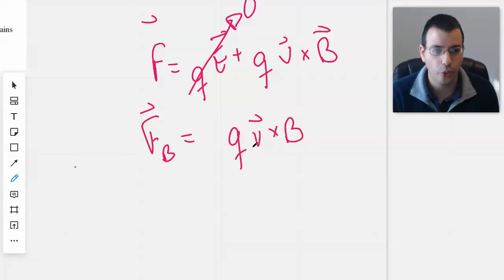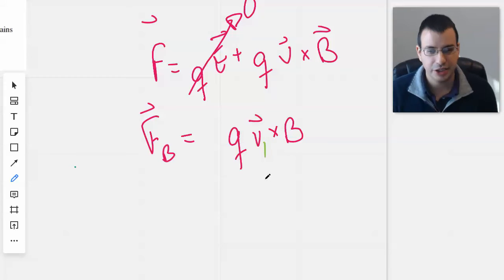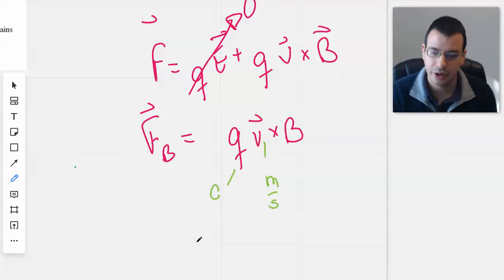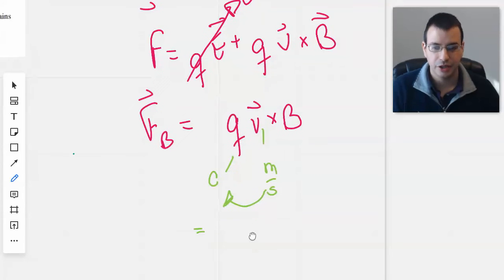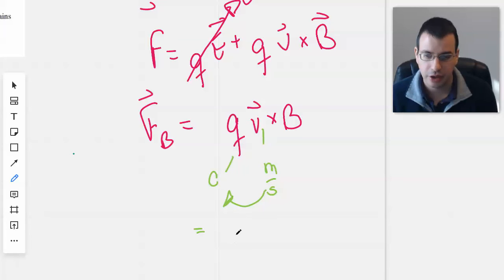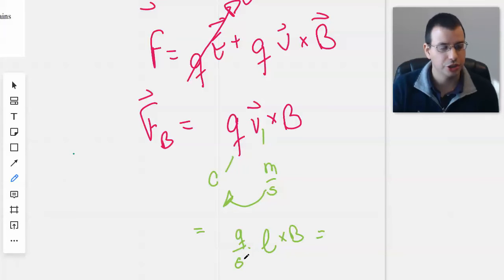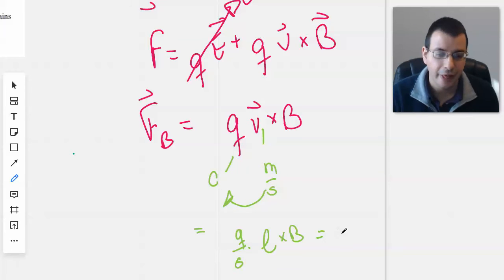So one mnemonic to know this is velocity is measured in meters per second, while Q is measured in coulombs. And so if you take this 1 over seconds and move it over to the coulombs, you're left with coulombs per second times distance cross B. And I know it should be Q per T, that's fine.